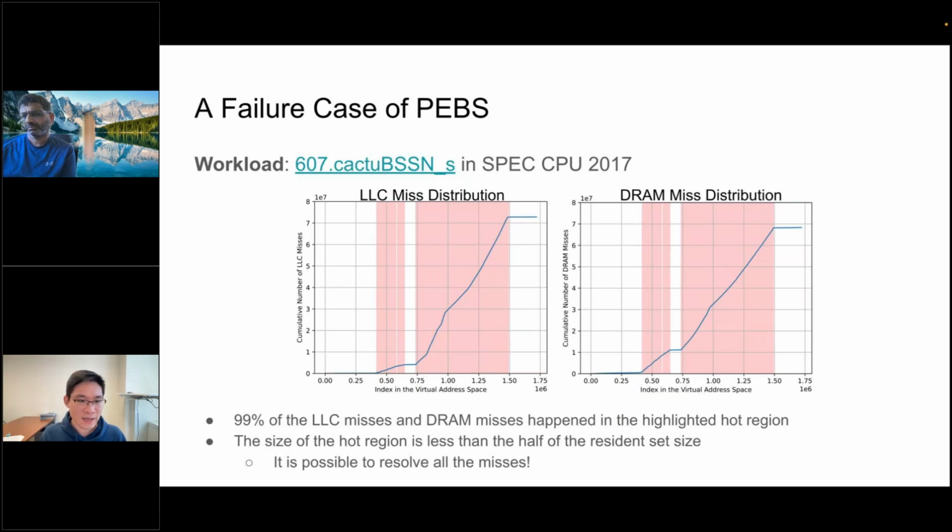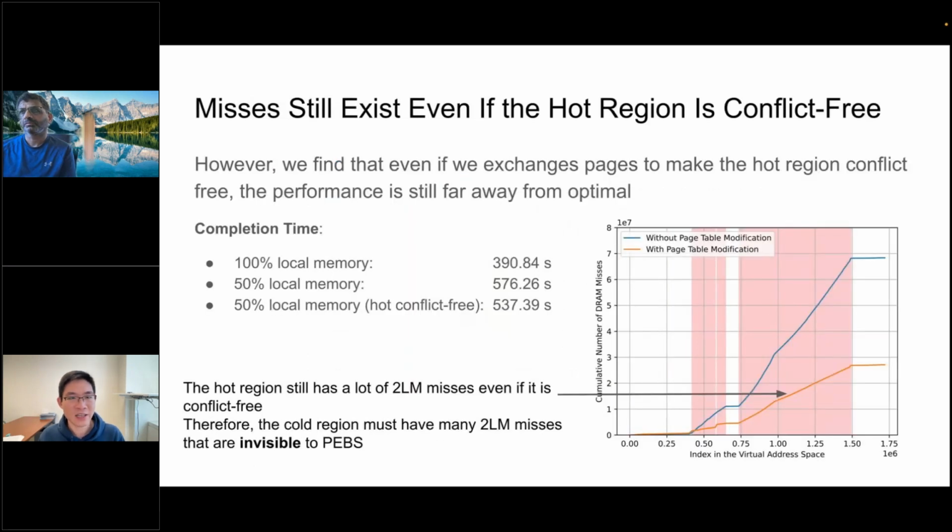So if we look at this result generated by PAPs, we might think that it's possible to resolve all the misses by putting the hot region in DRAM. But what we find is that this is actually not the case.